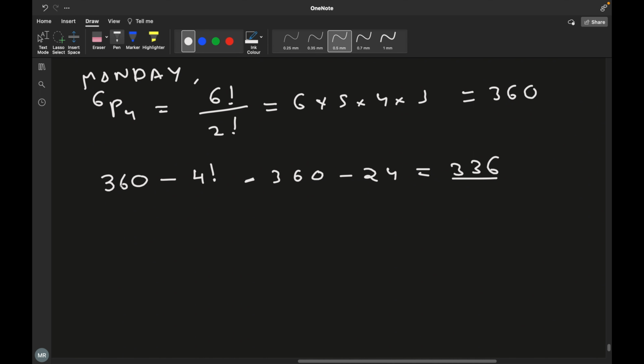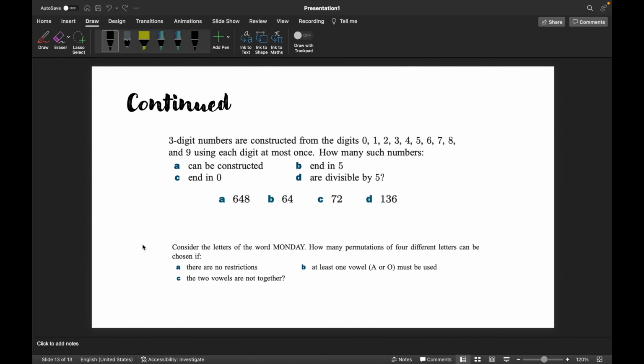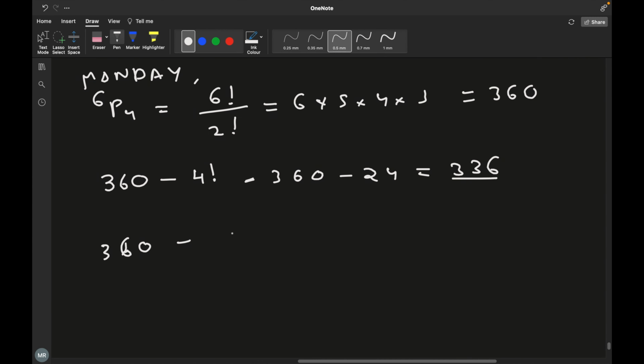The last question, the 2 vowels are not together. So the total number of ways is 360. And we have to find the number of ways in which they are together. Therefore, it's going to be 4P2, because we're selecting 2 from the available 4, which are not vowels, into 3 factorial.